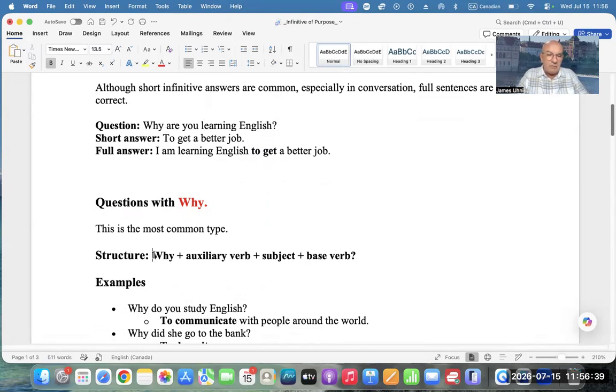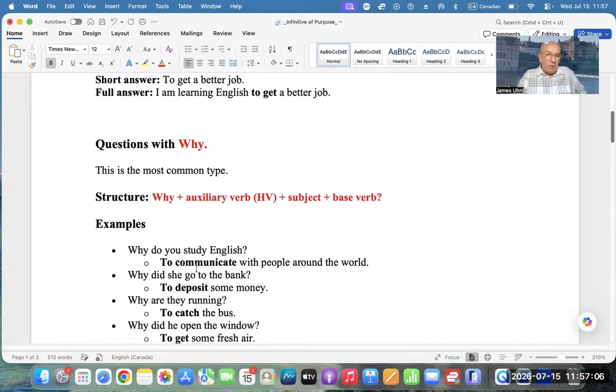What is an auxiliary verb? You know it all, but it's not used often. So auxiliary verb is actually a helping verb. Why, helping verb, subject plus base verb.